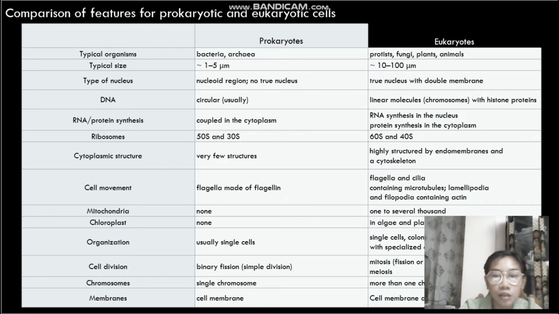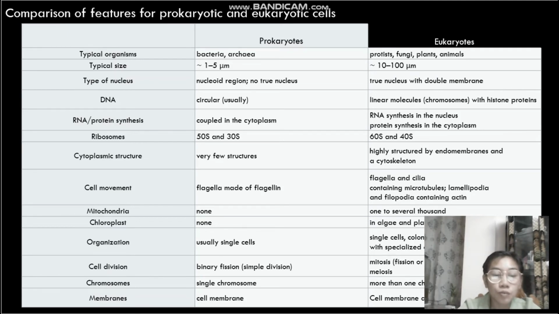For DNA, prokaryotes have circular DNA, while the eukaryotes have linear molecules or chromosomes with histone proteins. When it comes to RNA and protein synthesis, in prokaryotes they are coupled in the cytoplasm, and for the eukaryotes, RNA synthesis is in the nucleus and protein synthesis in the cytoplasm. That's the advantage of eukaryotes over prokaryotes.